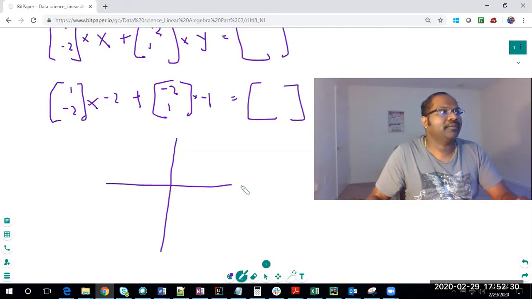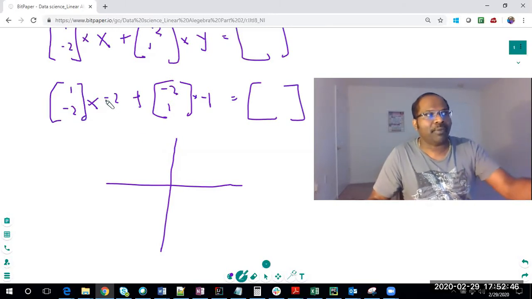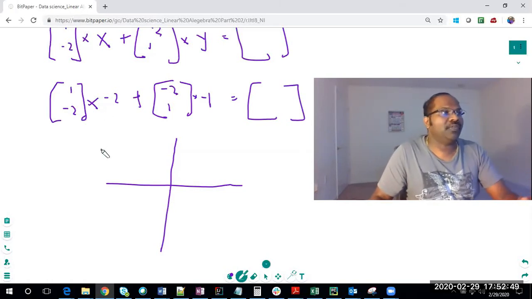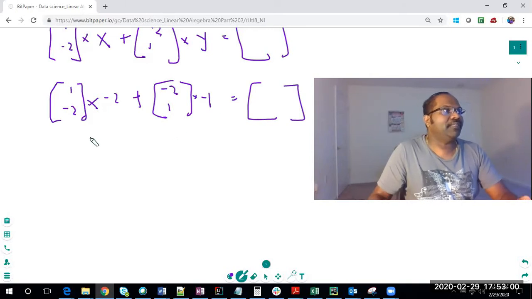Here, if you look at 1 and -2, that means x is equal to 1 and y is equal to -2. But rather than putting 1 and -2, we already multiply with -2, so let's bring the minus inside the vector. So let me clear this coordinate here and simplify this again.